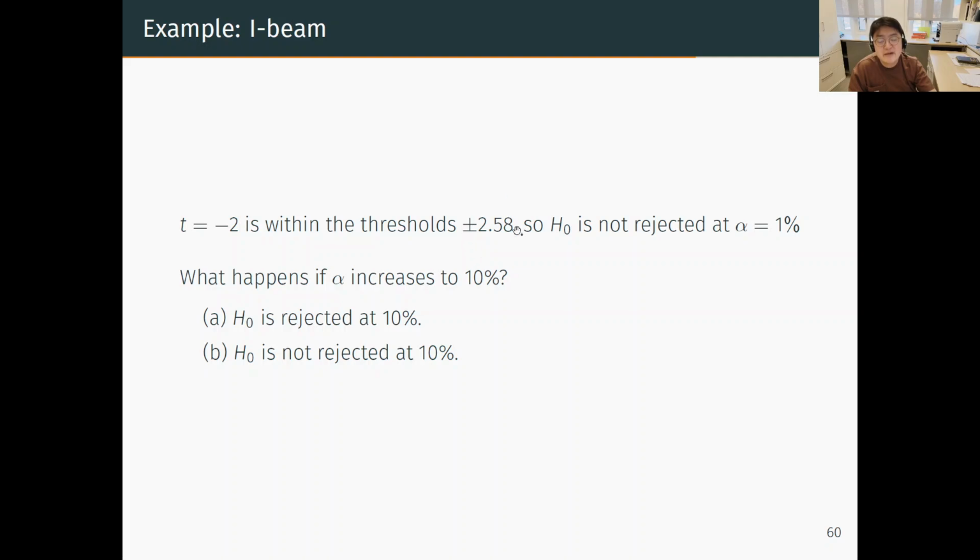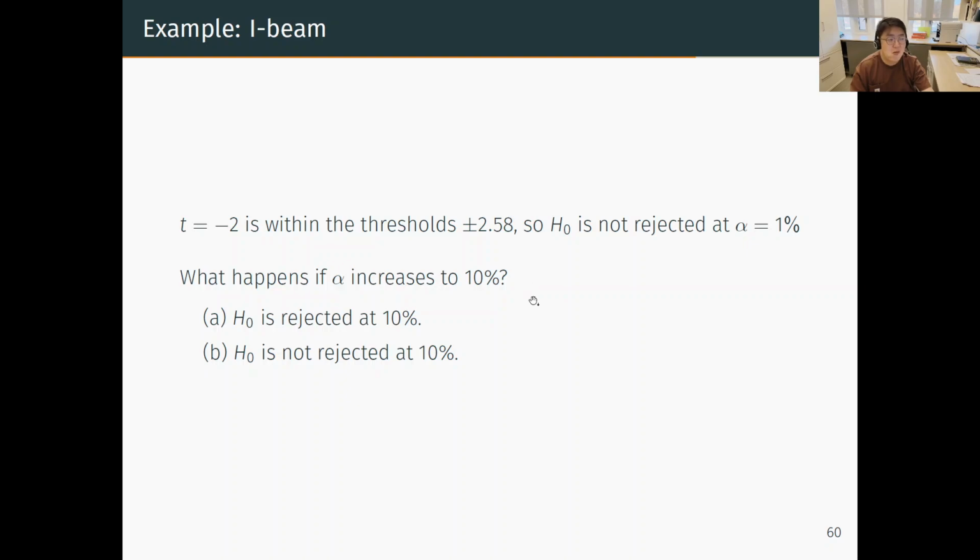So 2.58 was for 1%, so that plus minus 2.58 contains 99%. Now you have to find a new value that contains 90% between plus minus something, right? That value will be smaller than 2.58.